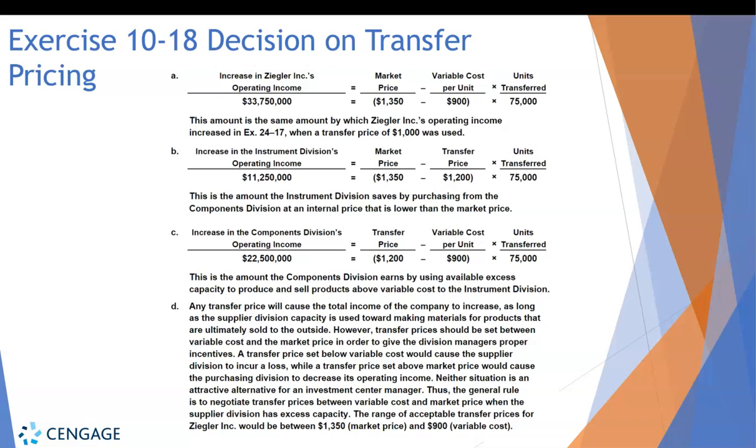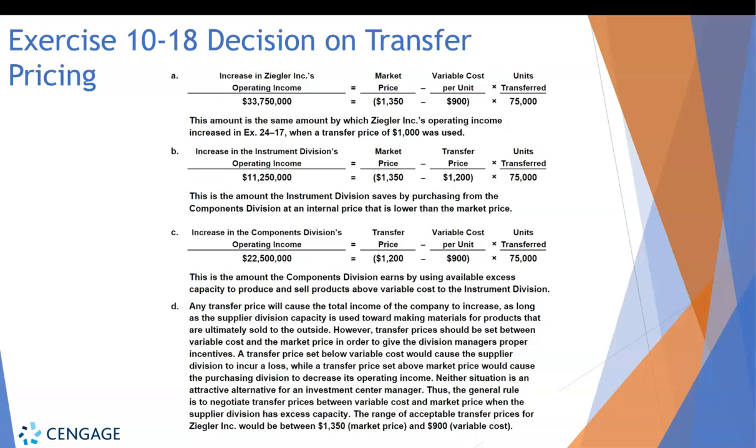Any transfer price will cause the total income of the company to increase if the supplier division capacity is used towards making materials for products that are ultimately sold to the outside. The transfer prices should be set between variable cost and the market price in order to give the division managers the incentives they need.